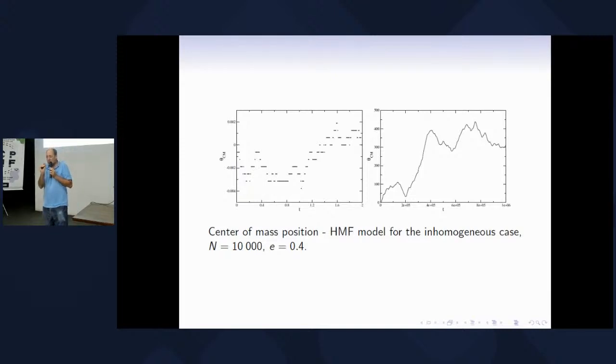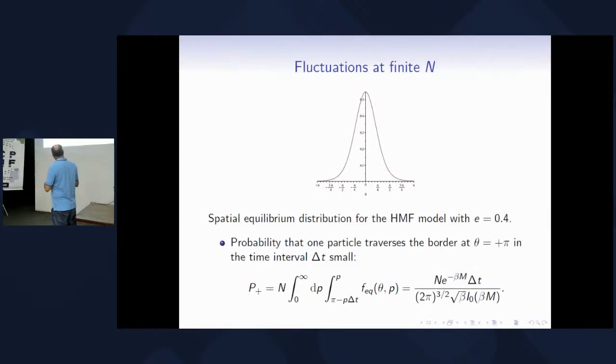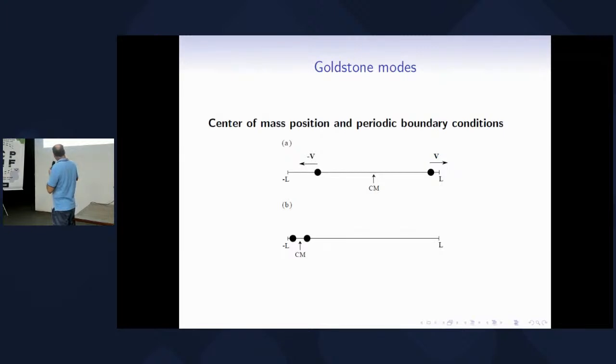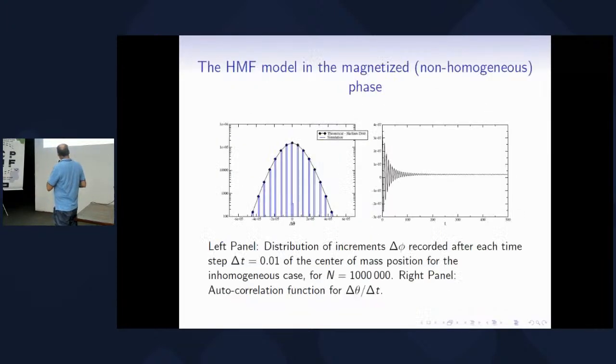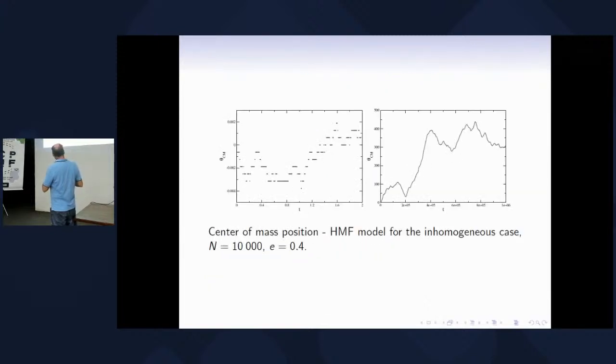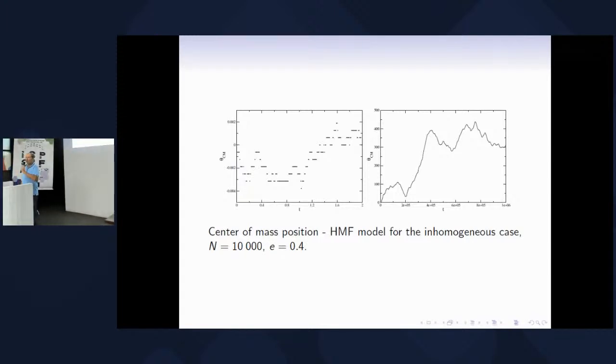Each time an excess of one particle crosses at the border, the position of the center of mass makes a jump, like in this figure here. You see, it jumps. So we have here a finite number of jumps. And this is the evolution of the position of the center of mass. And if you do the statistics, you will see that it starts as a ballistic diffusion and tends to normal diffusion.